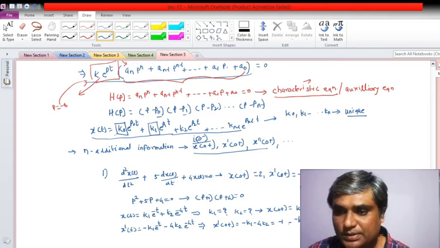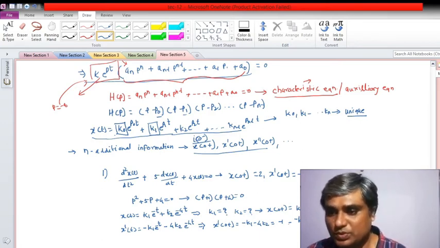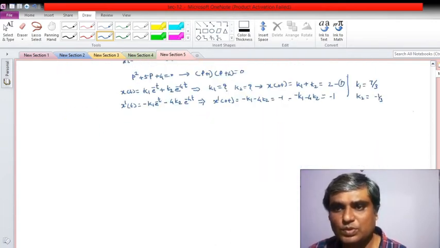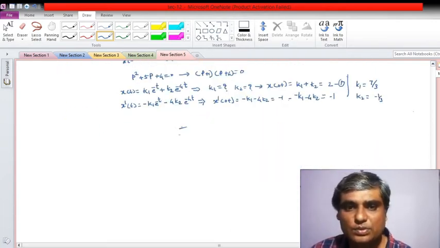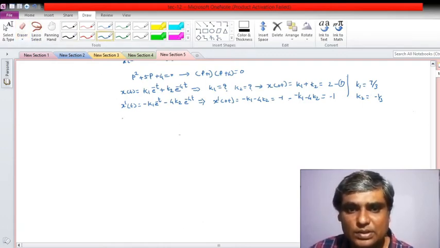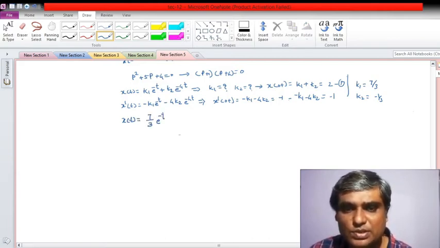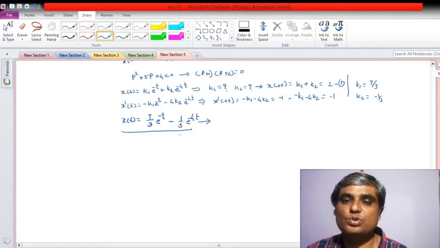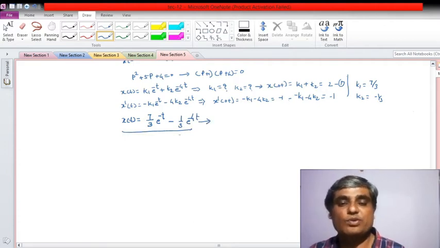The solution directly I can write here: x(t) will be 7 by 3 e raised to minus t minus 1 by 3 e raised to minus 4t. Finish. So this is the solution of the homogeneous equation.